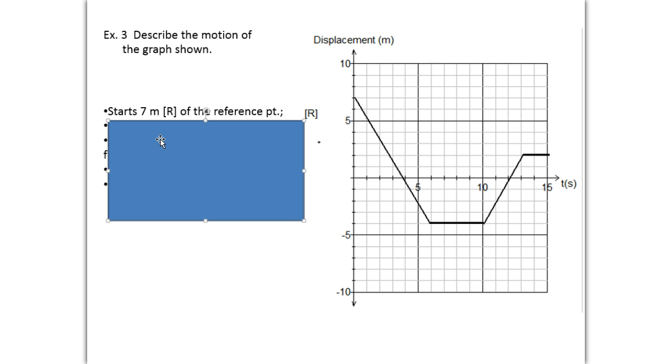The first thing you may want to say is that the object starts 7 meters right of the reference point. So again, here will be our reference point, and if you count off, you have 5, 6, so you're starting 7 meters away from the reference point.